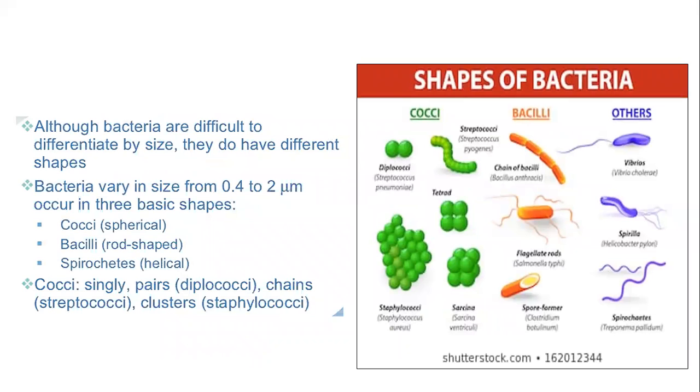When the shape of the bacteria is the main concern, there are three types of shapes. One is cocci, the round shape. Another is bacilli, a rod shape. In the other shapes, various forms of bacteria can be found, like vibrio or comma shape, spirilla or spiral shapes, and spirochetes, a thread-like structure.